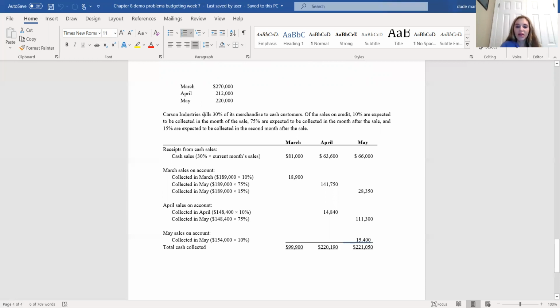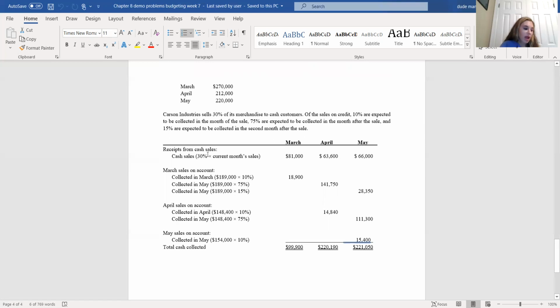It says that Carson sells 30% of its merchandise to cash customers. Of those sales on credit, 10% will be collected in the month of sales, 75% collected in the month after the sale, and 15% will be collected in the second month after the sale. So we would take this amount here.